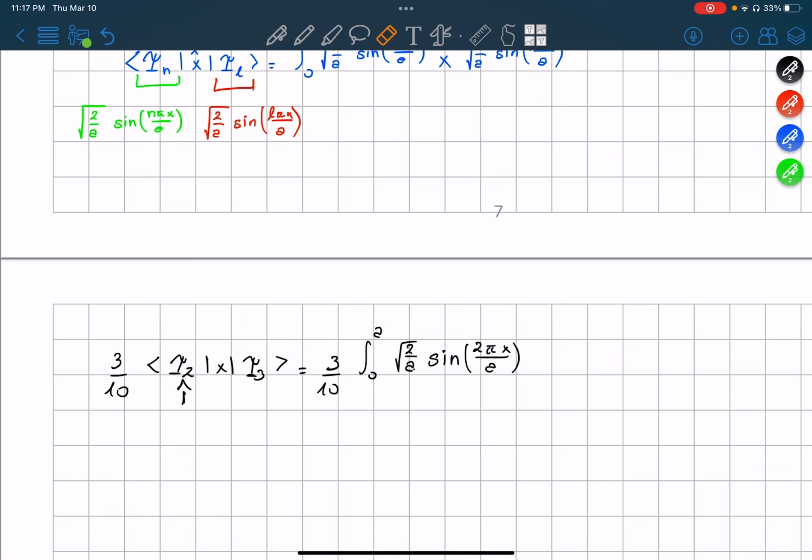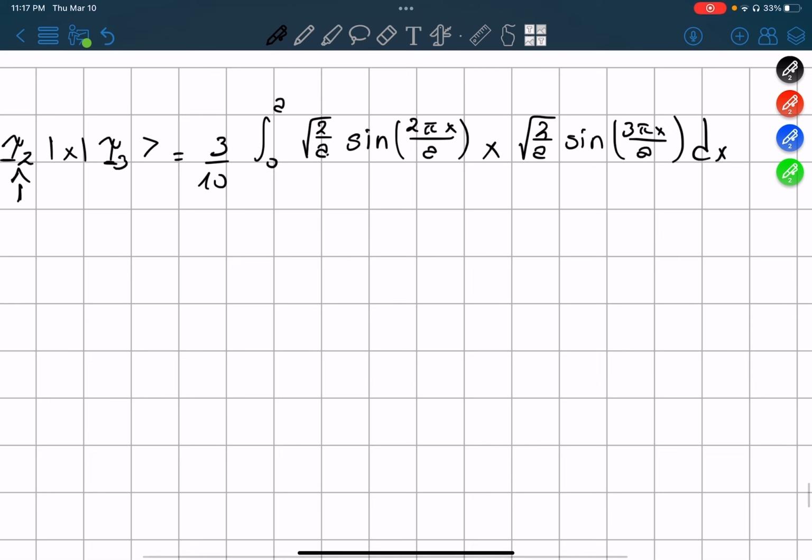Okay, the second one, with x in between, is square root of 2 over a sine of 3 pi x over a dx. So here we get 3 over 10.